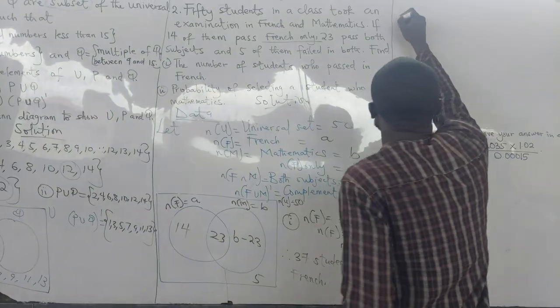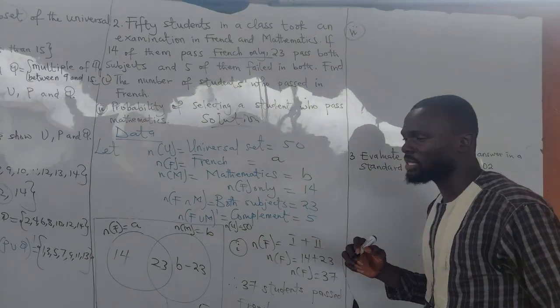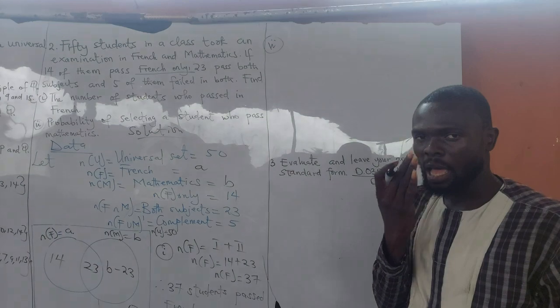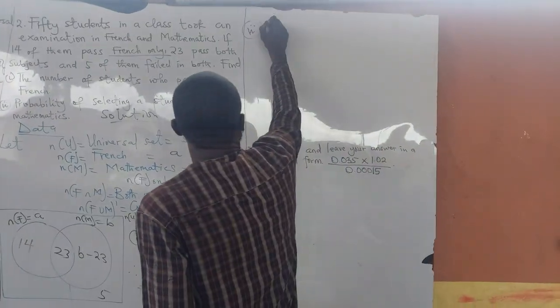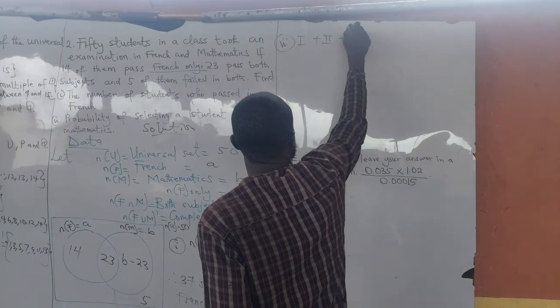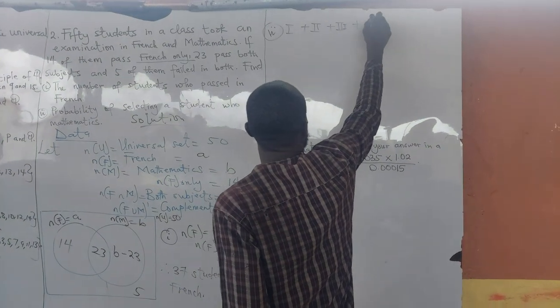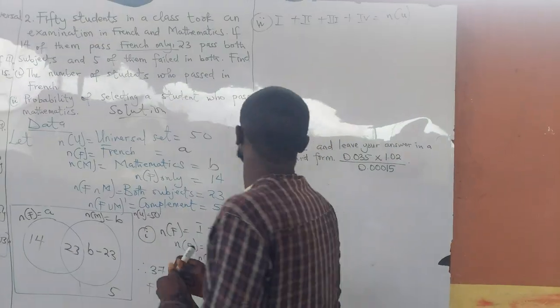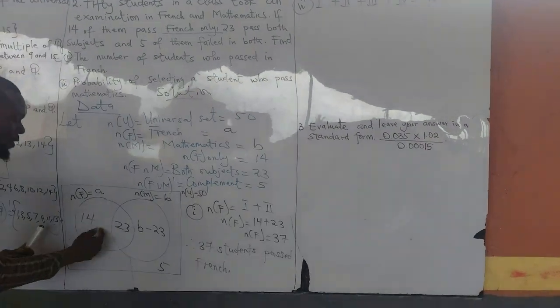So in finding the probability of those who pass mathematics, I have to know the number of students who pass mathematics. And how will I know that? By adding my region I plus the region II plus the third one plus the fourth one should give me the universal set. Now what is at I? I is 14.